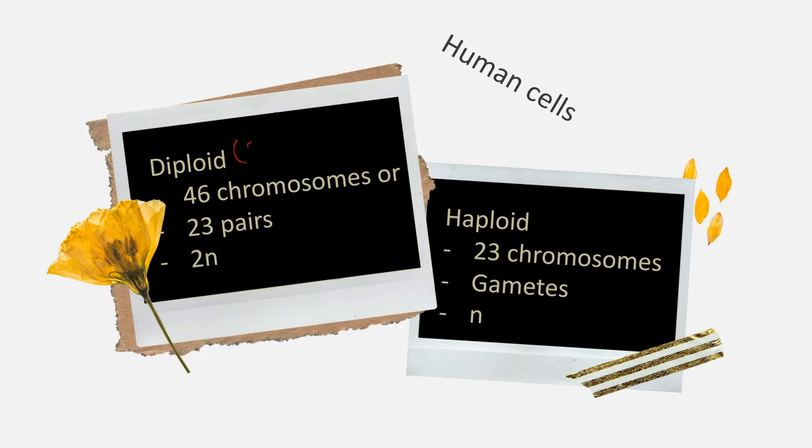Somatic cells meaning that they're all the cells other than gametes. Gametes are sex cells. So human somatic cells have a diploid nucleus except red blood cells. If you remember clearly, red blood cells do not have a nucleus in the first place.